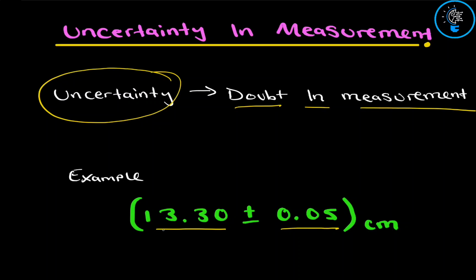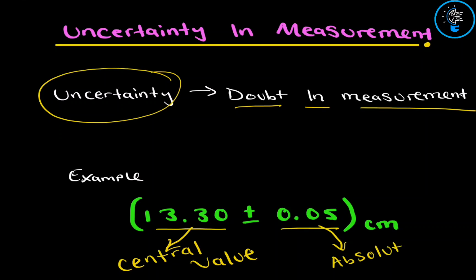And this part, the 13.30, is what we call the central value. Then this part, if it's written as a decimal number, we call it absolute value.